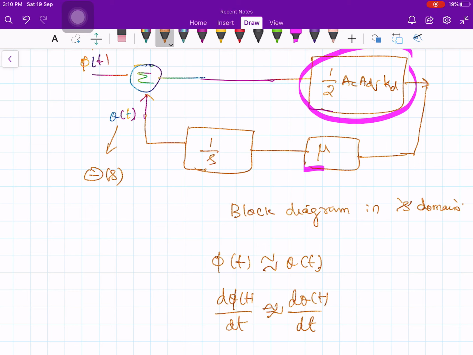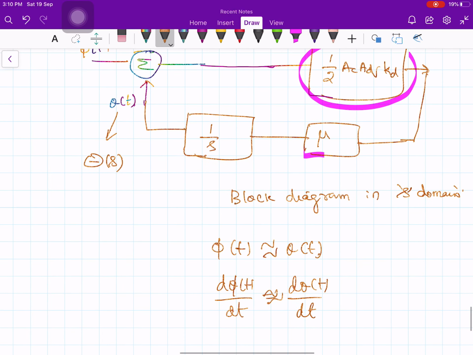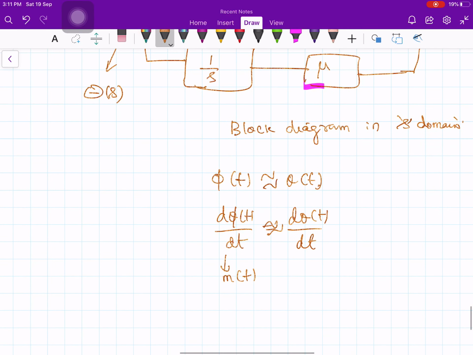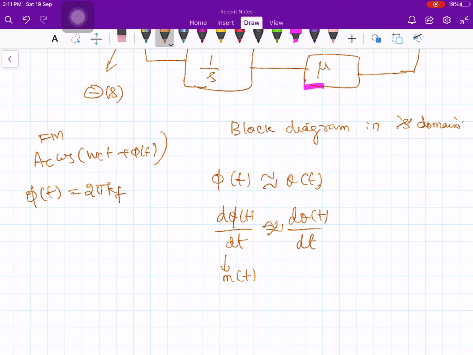Right? So we said d phi by dt is proportional to what? Message signal, right? If the input is an FM signal, recall from your previous theory, AC times cos of omega ct plus phi of t. This is my FM signal. What is your phi of t? Phi of t is 2 pi kf integral of m of tau d tau.